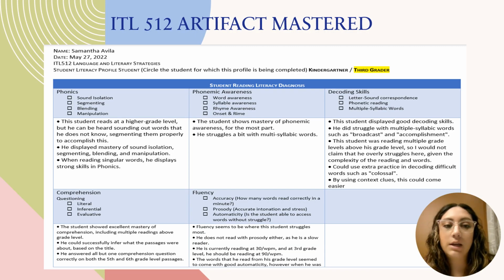For this artifact, we had to pick either a kindergarten or third grader, and this assignment aligns with PLO 1 and 2 because the lesson was designed to integrate advanced approaches to instruction and learning using digital tools and skills, and designing learning experiences that include learner characteristics.